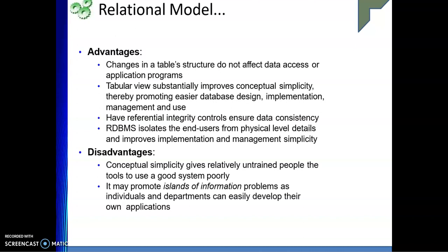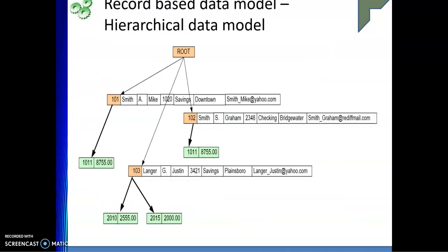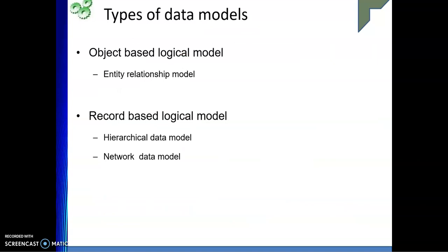So this is what we have been talking about: the types of data models. What is data? What is a data model? What are the types of data models? They are divided into the object-based logical model and the record-based logical model. Under the object model, we have entity relationship, and under record-based, we have the hierarchical, the network, and the relational data model.